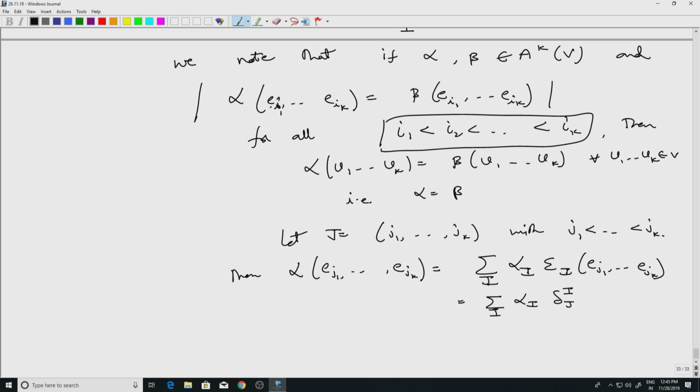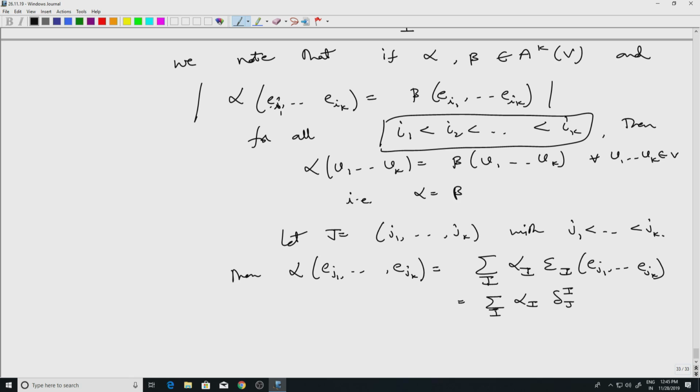Now this delta_{IJ} will be 0 unless I is a permutation of J or the other way around. But since I and J are both increasing indices, to say that one is a permutation of the other, the only possible permutation which will keep the increasing property is the identity.